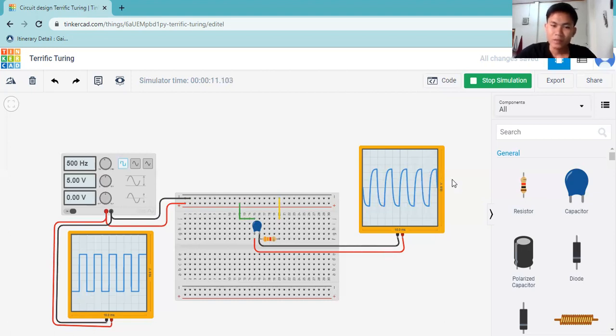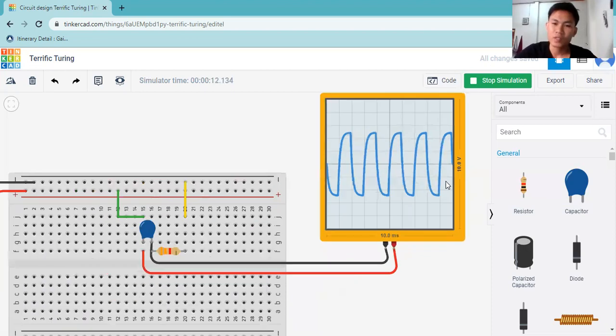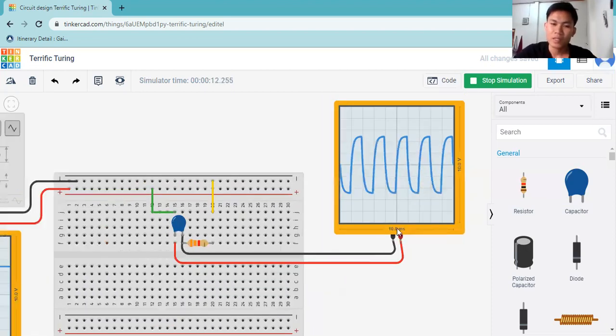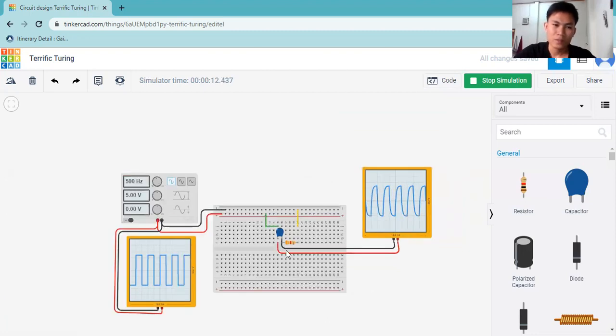And here we can find the value of the voltage across this resistor from this oscilloscope screen. We multiply by 10 volt, and this one time per division is 10 millisecond. So that's it for the simulation of this experiment 5.